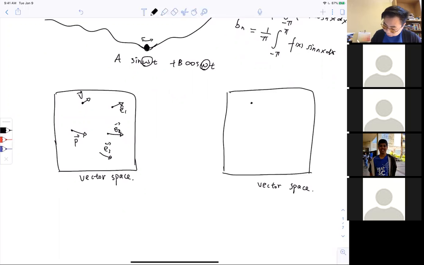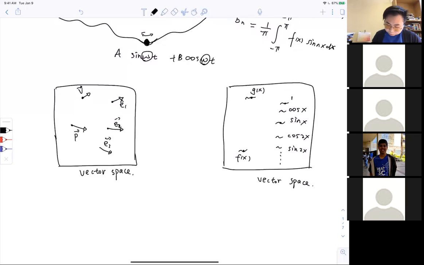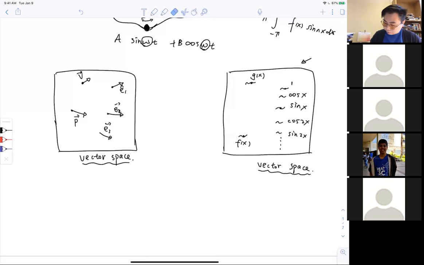In this vector space, there's some function g(x), another function f(x), and also the constant function 1, and also sine x, cosine x, cosine 2x, sine 2x, stuff like that. The only difference between this vector space and the vector space of arrows is that for this cosine and sine vector space, the dimension is infinite, right?